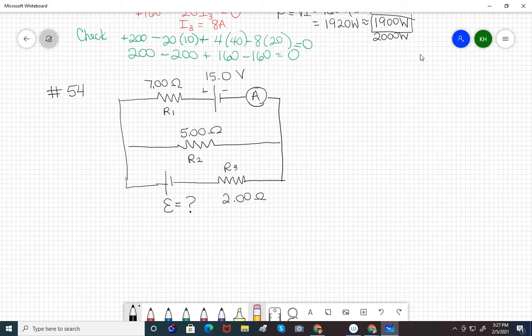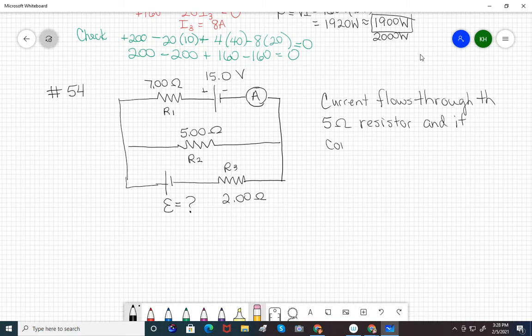All right, here's the given information. Current flows through the 5-ohm resistor and it consumes energy, which means it uses energy.